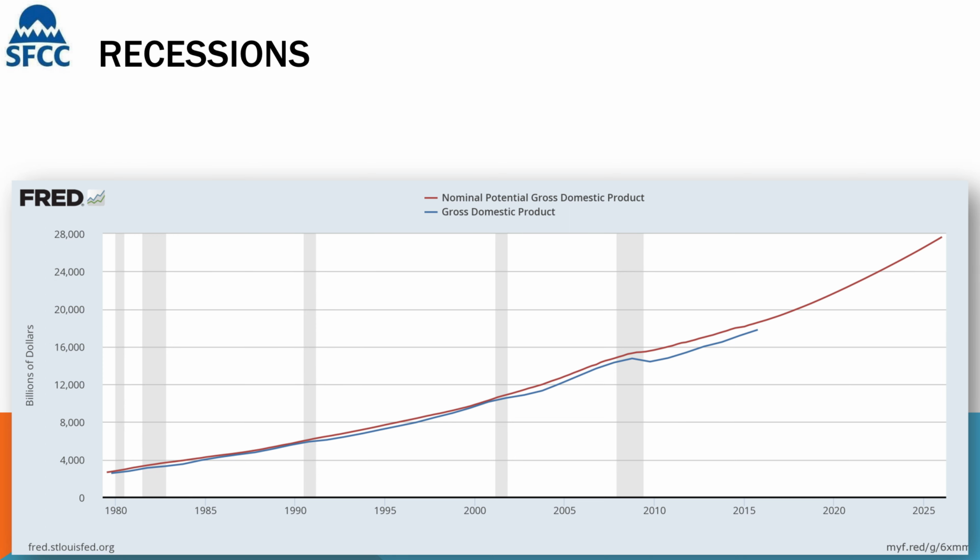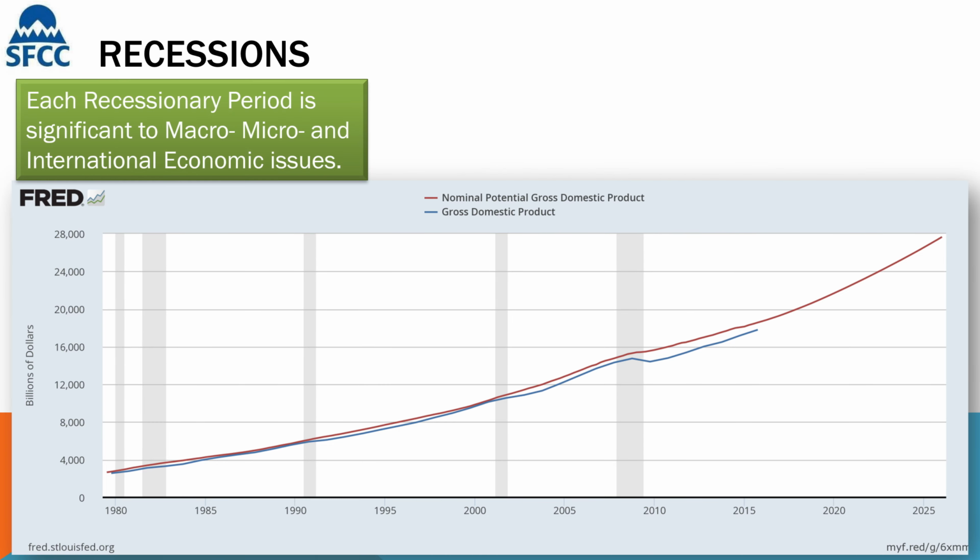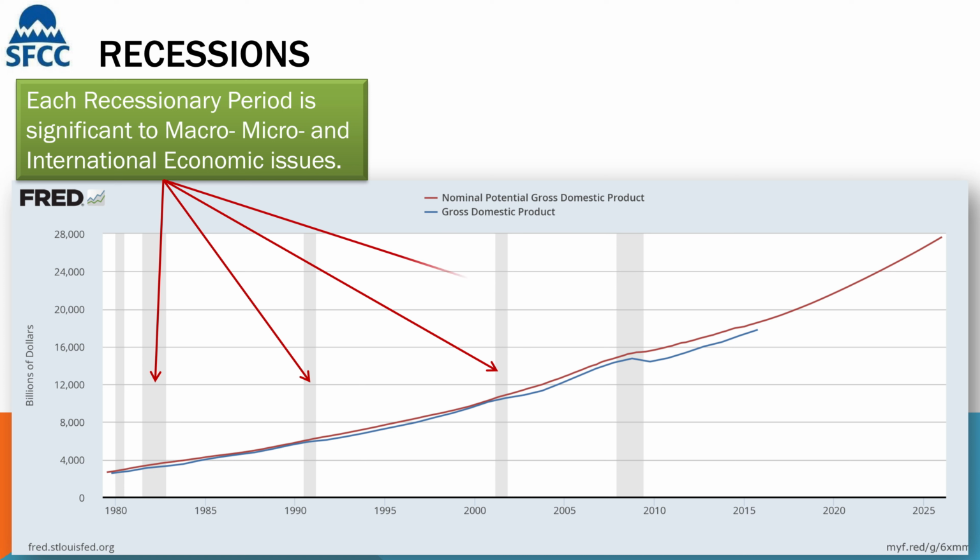Notice on FRED graphs that vertical shaded lines show through time as periods when the USA economy was in recession. In macroeconomics classes, we investigate the GDP in detail, considering the causes and measurements of these events. In microeconomics, we investigate how these periods affect business decisions, expansion and contraction of economic activities.